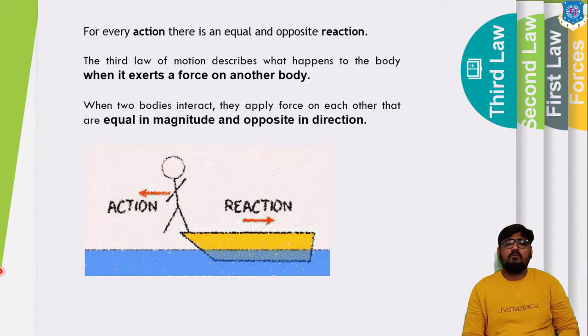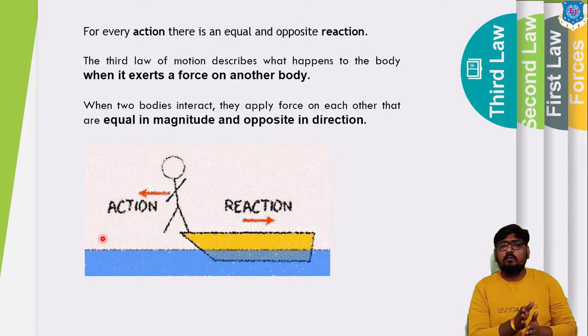the bodies. So when two bodies interact, they apply forces on each other that are equal in magnitude and opposite in direction. As you can see in the figure, there is one person standing on the boat. If he jumps from the boat, he is applying a force in some direction, so the boat will move in the other direction. Whatever action is performed by that person has some reaction on the boat.